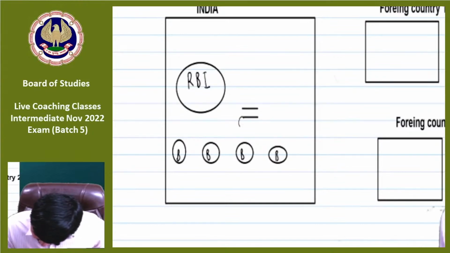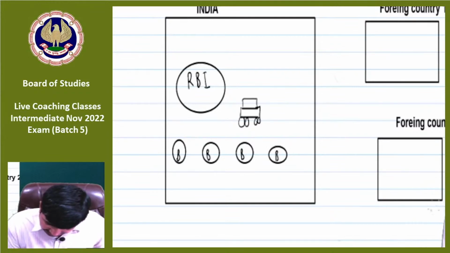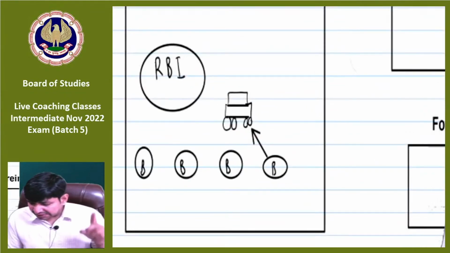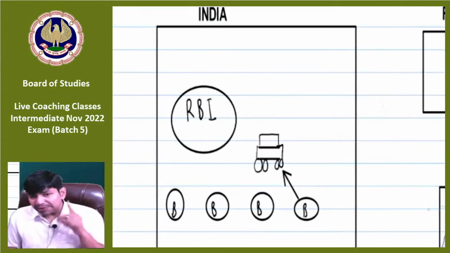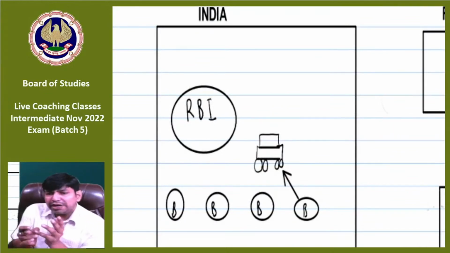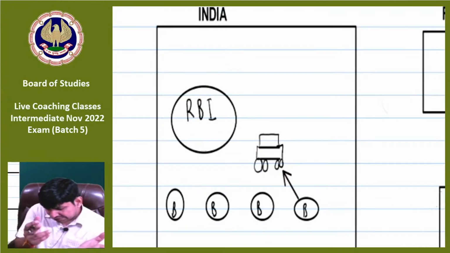This is the car which keeps cash along with the security guard, and which takes cash from here. The excess cash, excess means there is a limit to maintain the cash in a particular branch. Okay, beta. Please don't write any message, otherwise I will focus there.